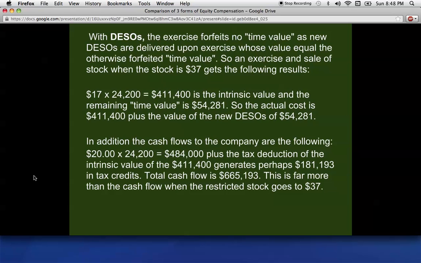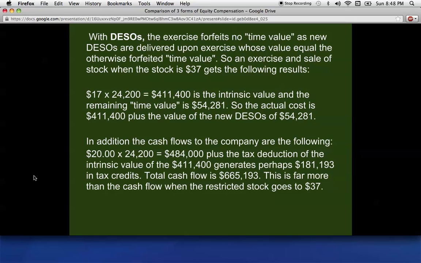411,400 plus the value of the new dynamic employee stock options that you issued upon exercise of the original dynamic employee stock options, and you're getting new dynamic employee stock options of 54,281 in value.